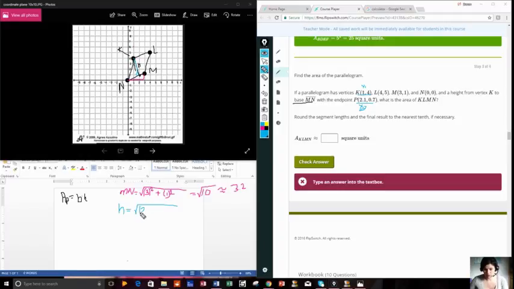So we have 2.1 minus 1, and that quantity is squared. That's our horizontal distance, plus our vertical distance. Our vertical distance is 0.7 minus 4, and that's squared. So this is going to equal, and here we go.